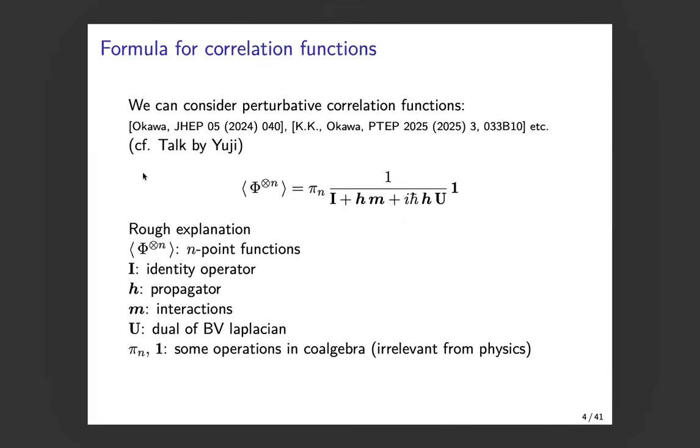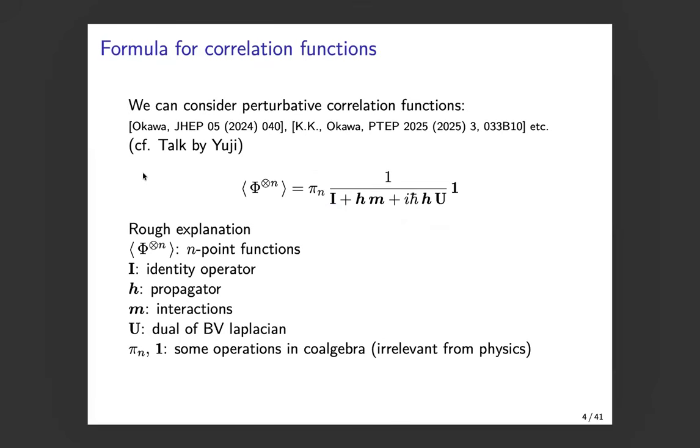So this is our formula for correlation functions, which appears in the UG talk. Let me explain roughly first, and in the later part of this presentation, we explain this in detail.